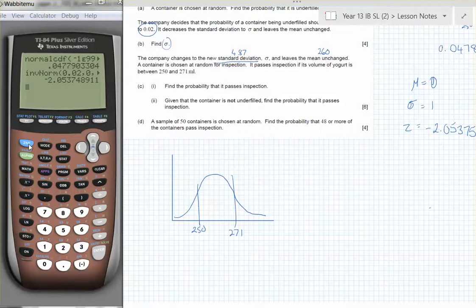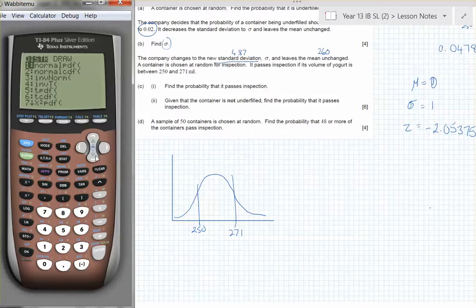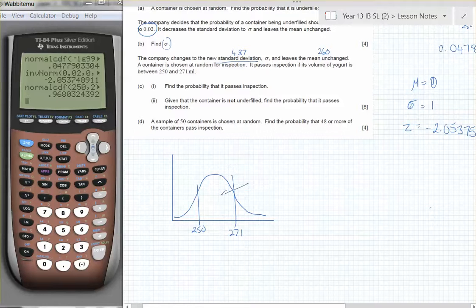So calculator, back to normal CDF, lower bound 250, upper bound 271, mean is still 260, standard deviation is now 4.87, and we get a value of probability of 0.968.